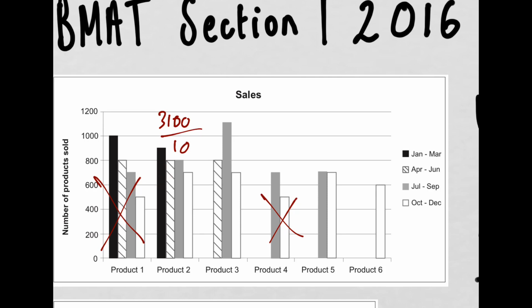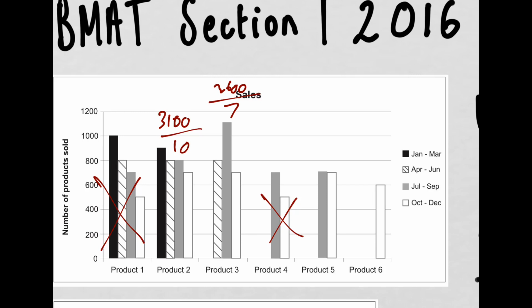Okay, moving on to product 3, we can see that there was, to start with, 800 plus 1100, which is 1900, plus 700 here. So 1900 plus 700 is 2600. Let's write that down. And because it started in May, which is the 5th month, we can say that's 7 months in total.